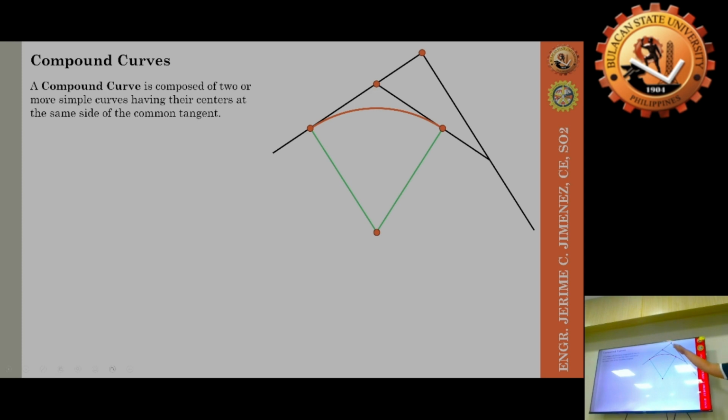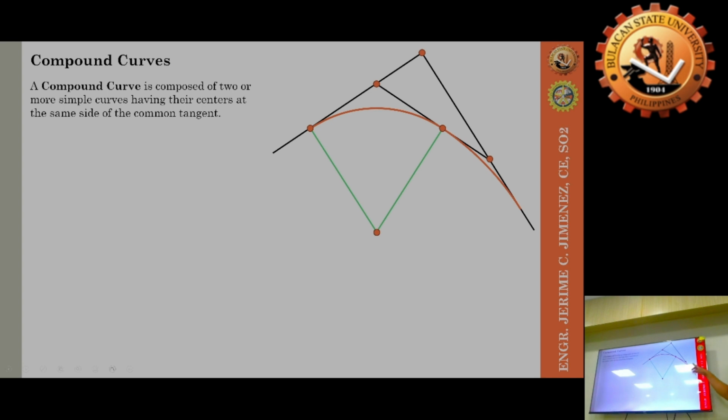So, yung bago nating forward tangent at yung old forward tangent natin is magkakaroon siya ng intersection. Okay? Ayan yung intersection niya. And then, from this point, ito ngayon yung magiging PC or the point of curvature ng second curve. Drawing tayo ngayon ng curve.